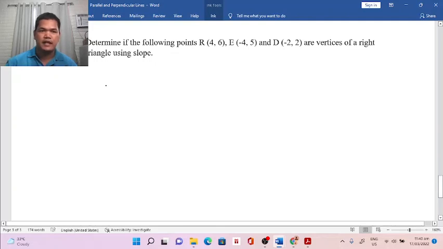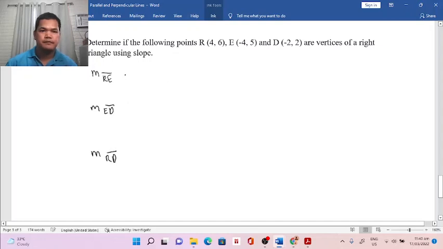So let us now compute the slope of the lines: RE, then ED, and the slope of RD.